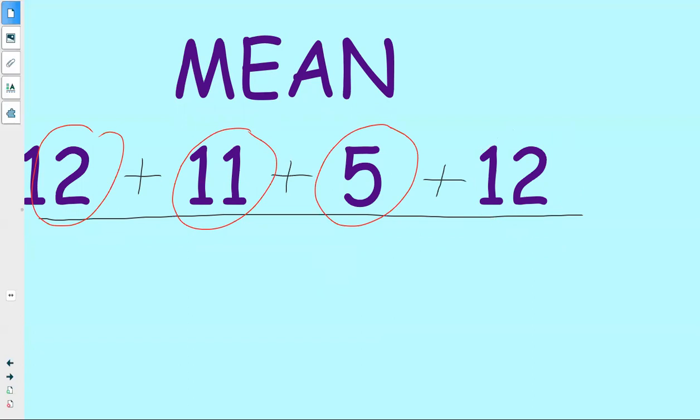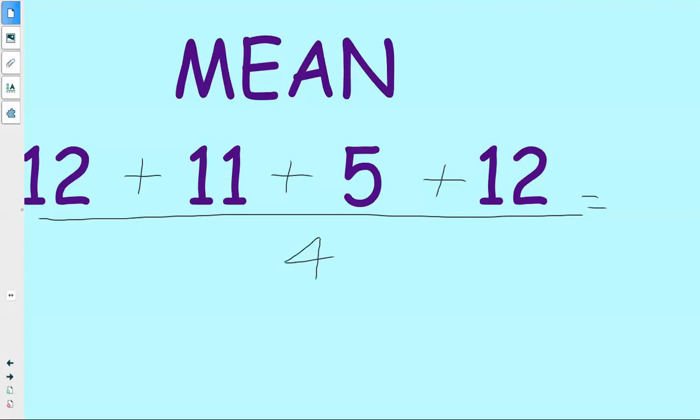So you are going to divide by 4. So 24, 34, 35, 40. So it's 40 divided by 4, which we know is 10.